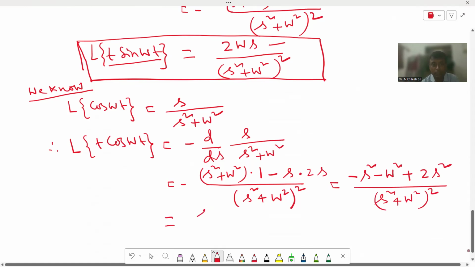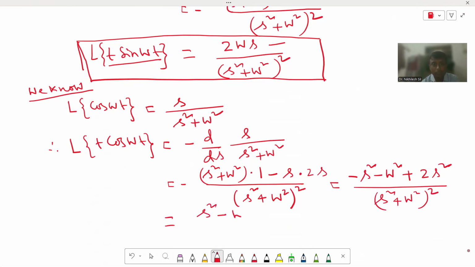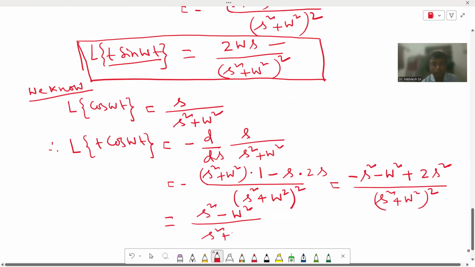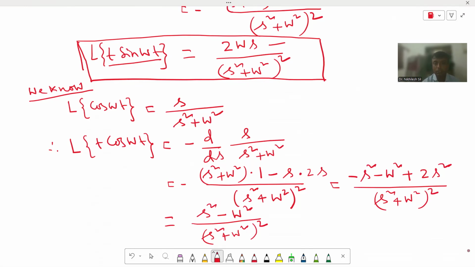So it becomes s square minus omega square divided by s square plus omega square whole square. Clear? So Laplace of t cos omega t equals s square minus omega square by s square plus omega square whole square. This is a very important formula.